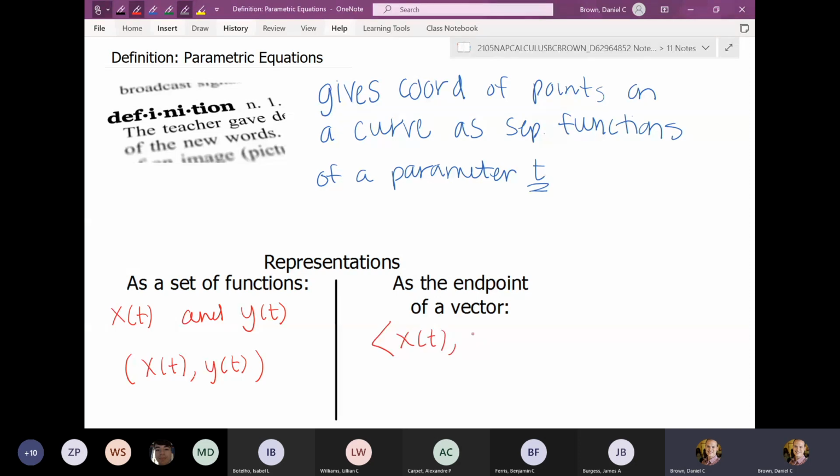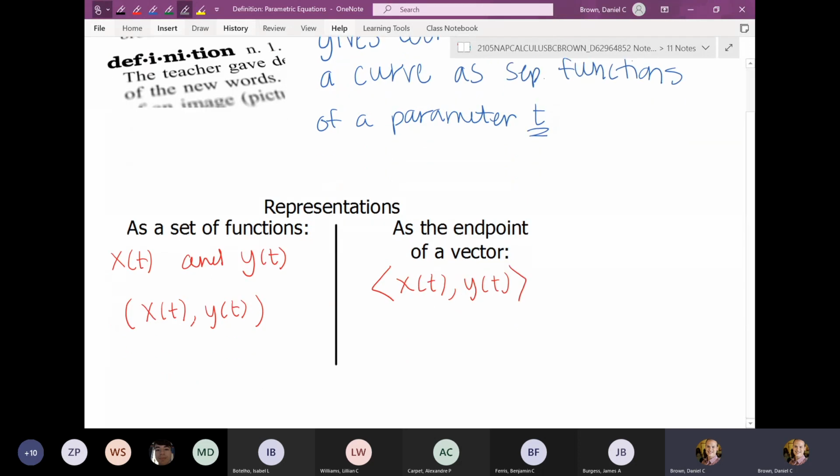We still have the x equation and the y equation. So even when we are thinking about it in vector notation, they are essentially the same. And so we'll have x of t, which is an equation for the x's, and y of t, which is an equation for the y's. They work together and create the curve.